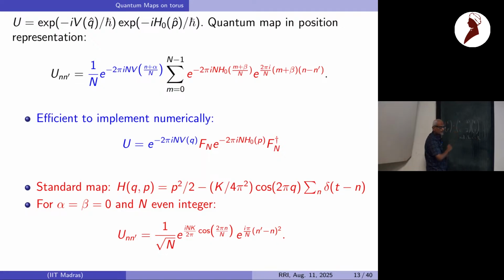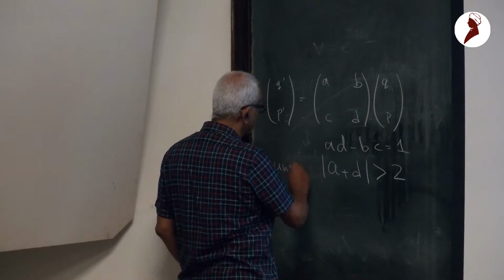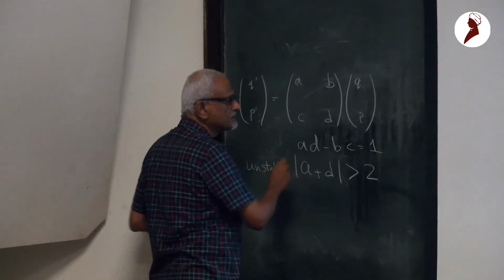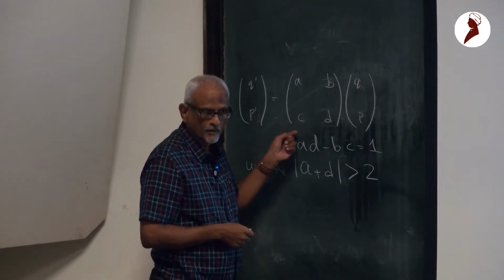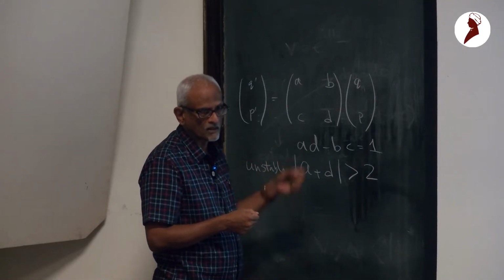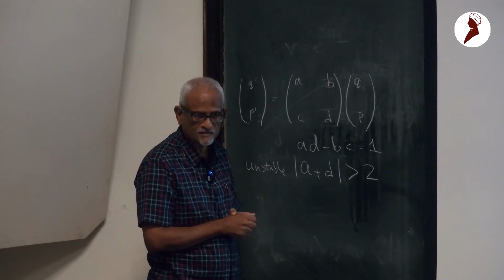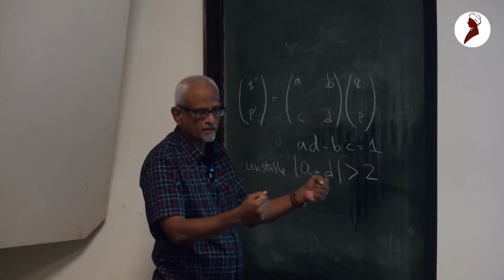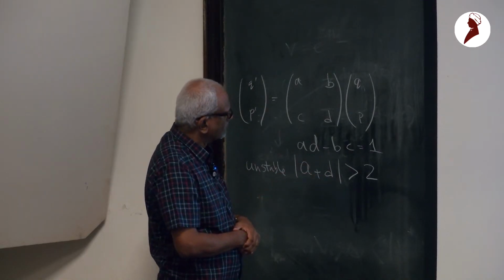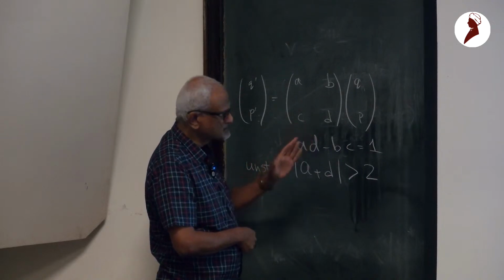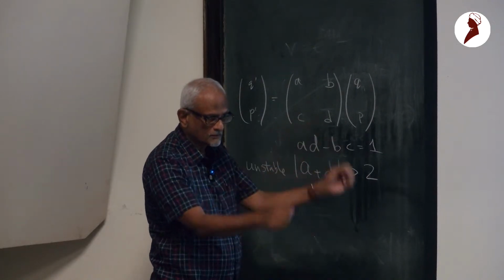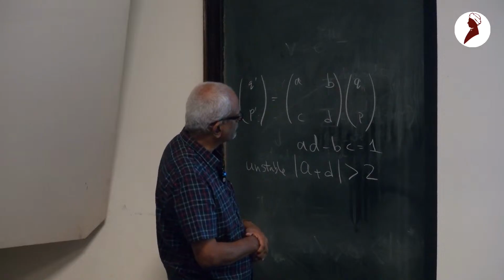And so the eigenvalues of this depend only on the trace, A plus D. And if this trace is larger than 2, then it is unstable, because one eigenvalue is larger than 1 and another is less than 1. So there is an expanding and contracting direction, and therefore this is an unstable situation. You can think about it like an inverted harmonic oscillator.